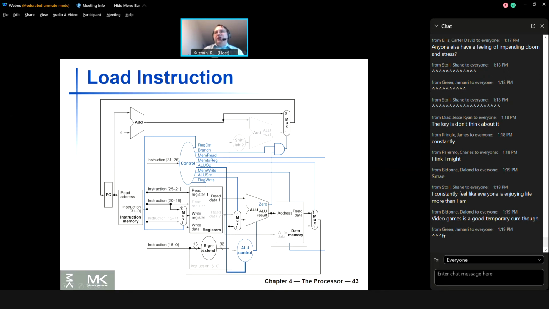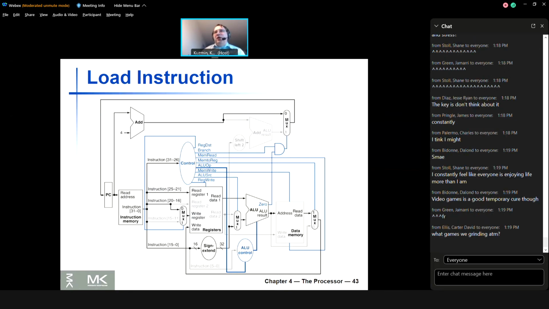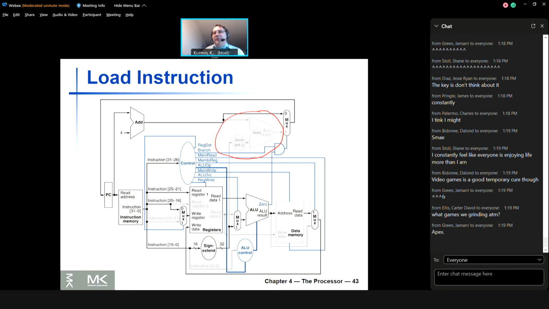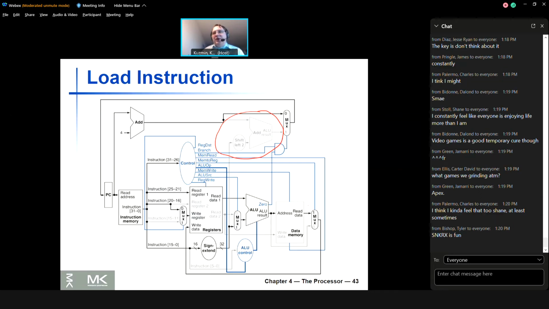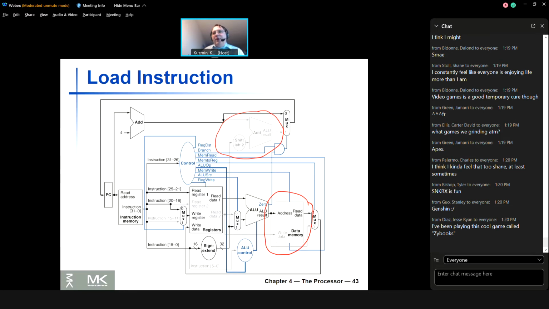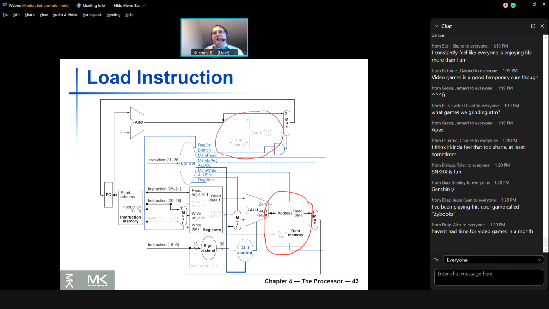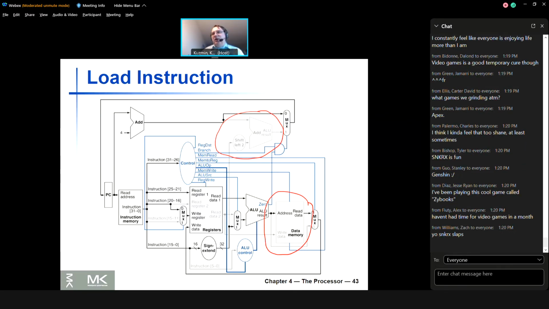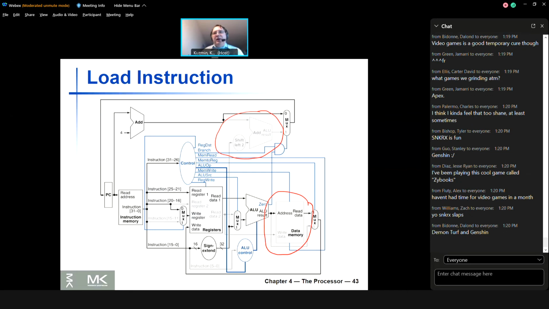So load instruction, obviously it's not a branch, so this piece is not used. And in contrast to the R-type instructions, memory is used, right? Because we are loading from memory, and that's why, yeah, it's not grayed out, as you can see. And since it's a load instruction, it has this offset, which is encoded in the immediate field.